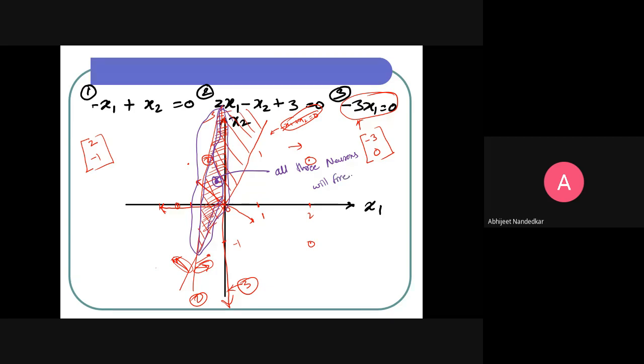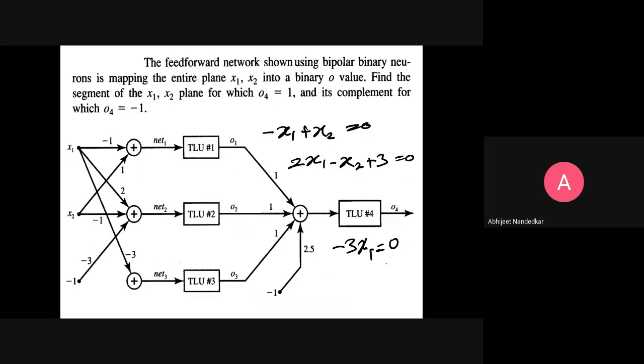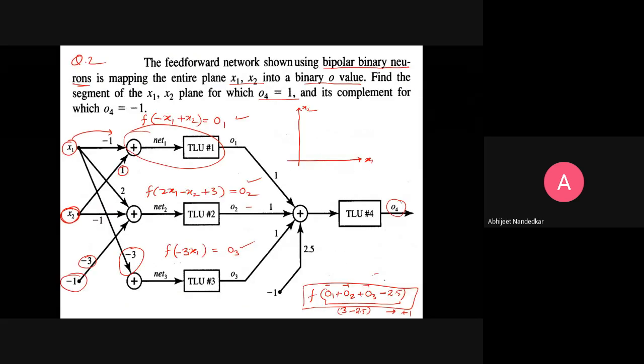If all 3 neurons are firing, that means the sum is 1 plus 1 plus 1, and the threshold was, I think, 2.5. You can check here. The threshold was 2.5, right? So 3 minus 2.5 is greater than 0, so this will produce plus 1.